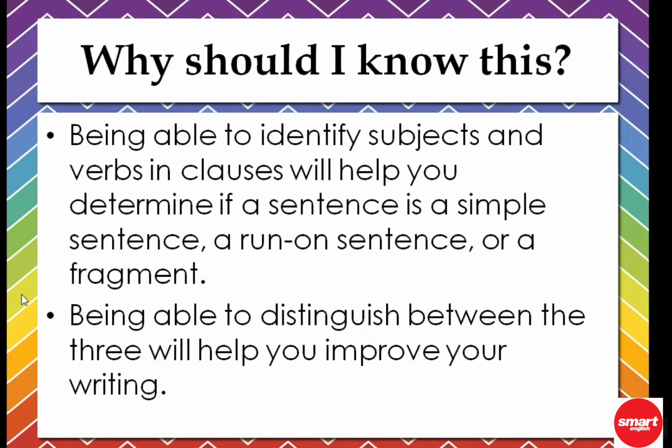So in order to fix problems like run-on sentences or fragments, you have to be aware of the components, the ingredients of the clause. This is number one. Number two, being able to distinguish between the three will help you improve your writing. Of course, we study phrases, we study clauses, independent and subordinate, and we study different types of sentences to improve your writing.